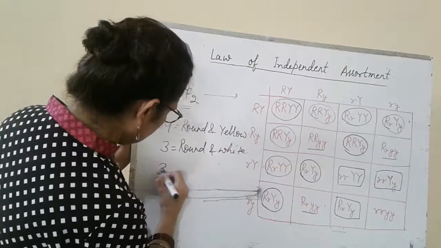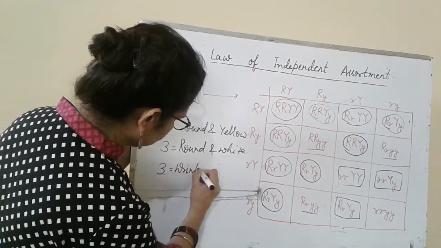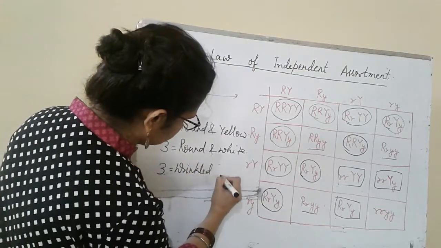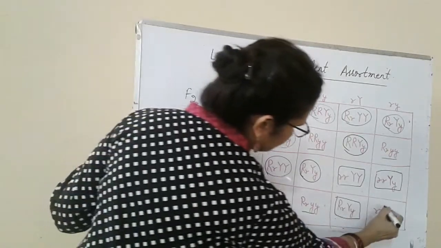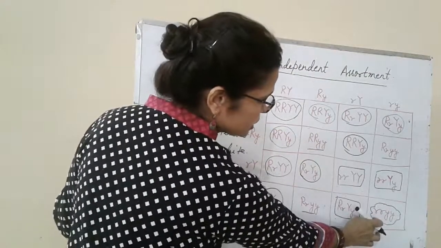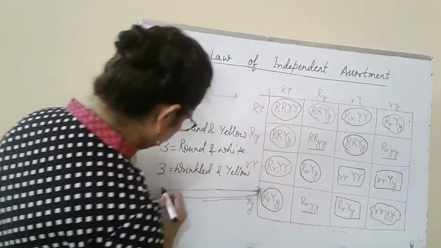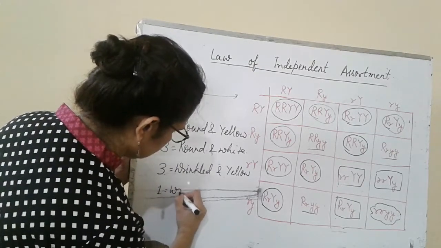So 3 plants had the phenotype wrinkled and yellow. And this only one plant, that is completely homozygous recessive, is wrinkled and white.